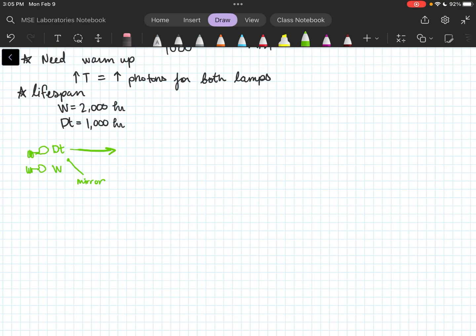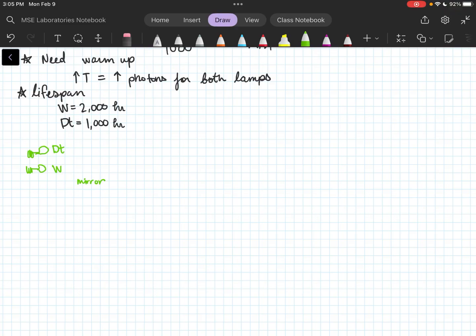So in this situation, I've got just the light coming from the deuterium, or this mirror could swap directions. And now I have just the light coming from the tungsten.